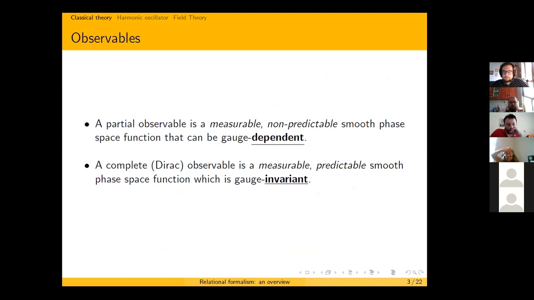there are some problems, but this is very important, for example, in general relativity.